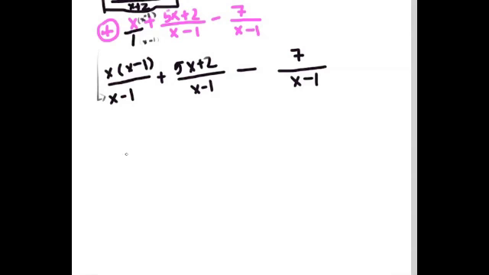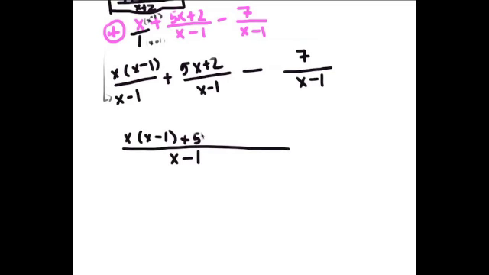Okay. Next step, remember, is to combine the tops and then leave the bottoms. So on the bottom I'm going to just end up with an x minus 1 looking like that. The top of the first one, x times x minus 1 plus 5x plus 2. And then I have this minus sign again.